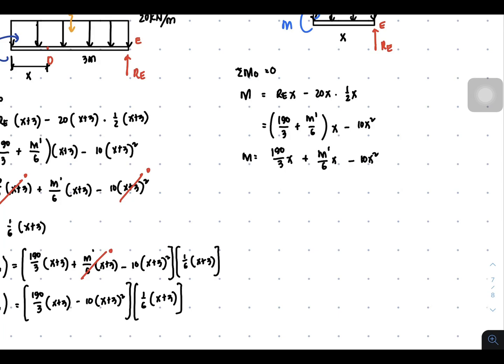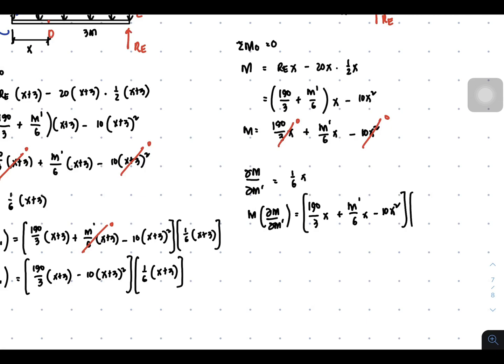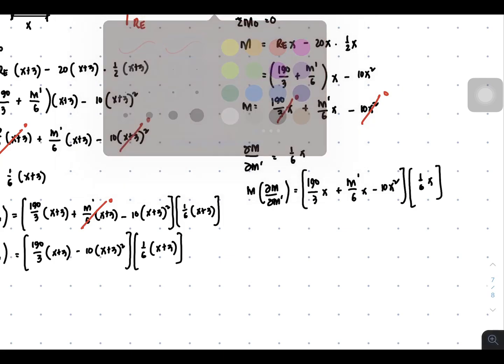And we are going to get the partial derivative of m with respect to m prime. So I'm gonna set this to 0. And the partial derivative of m with respect to m prime is 1 over 6x. And with this, we can now get the product of the two. And that's going to be 190 over 3x plus m prime over 6x minus 10x squared times 1 over 6x.